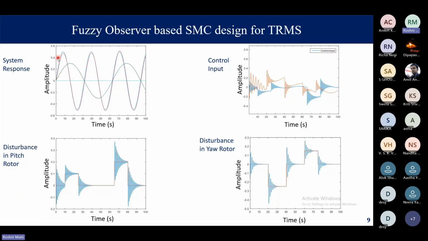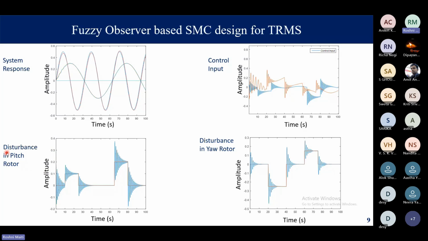So for pitch and for yaw, we have given their outputs with respect to the desired reference we have to track. For this, the required control signal is given here. This control signal we have to give to our twin rotor MIMO system to track this trajectory.